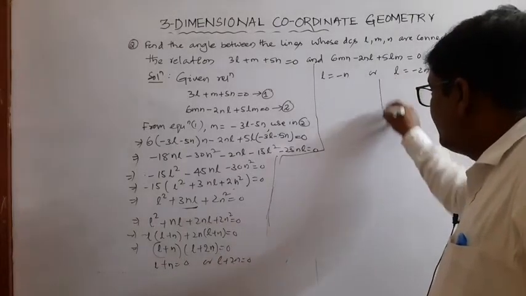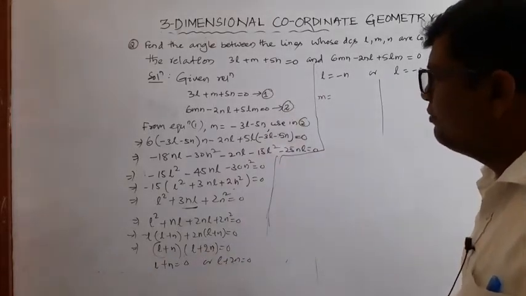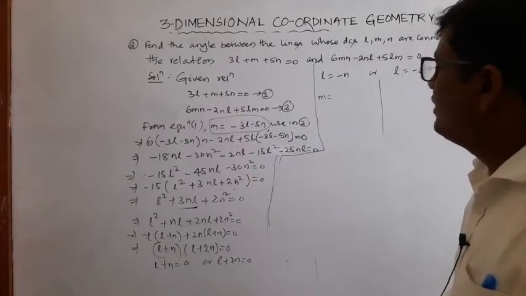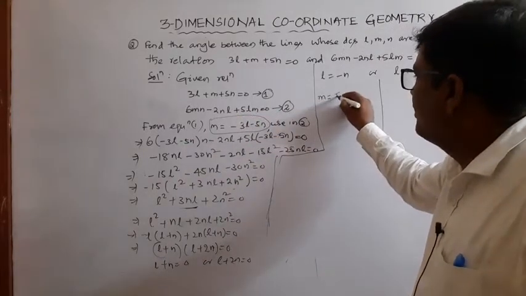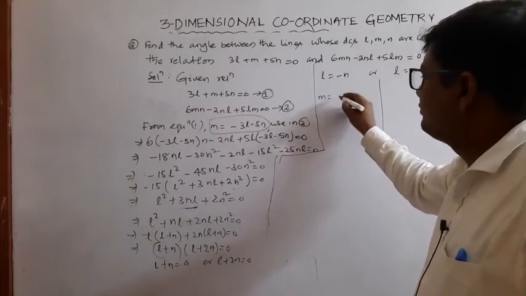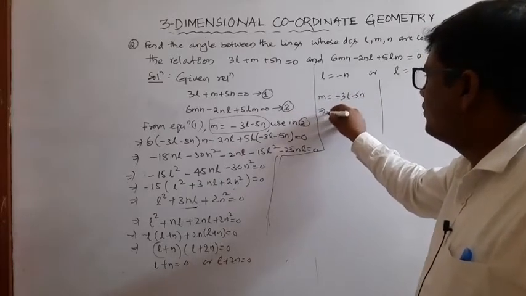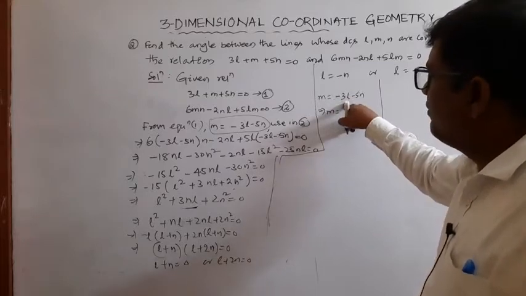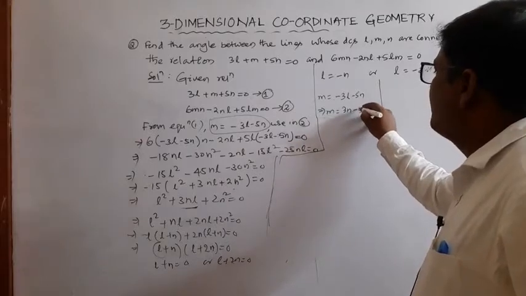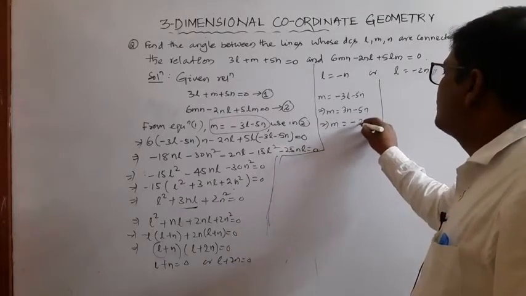Now if L equal to minus N, then M is equal to minus 3L minus 5N. L is equal to minus N, so 3N minus 5N, that implies M is equal to minus 2N.